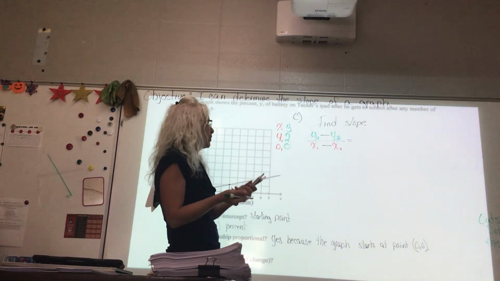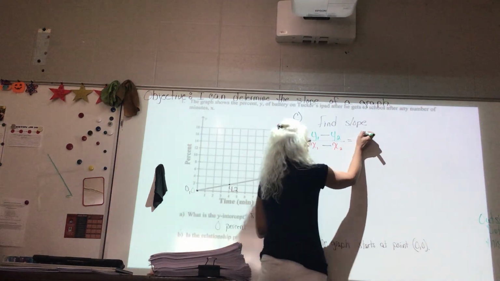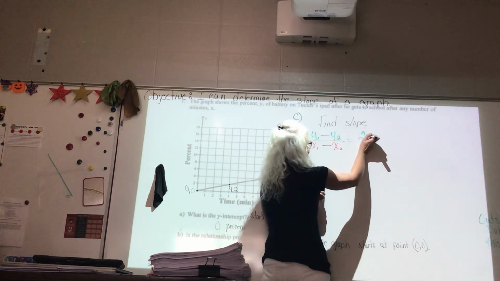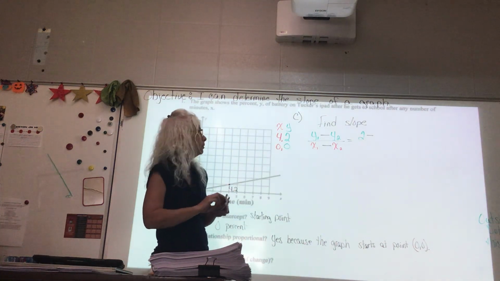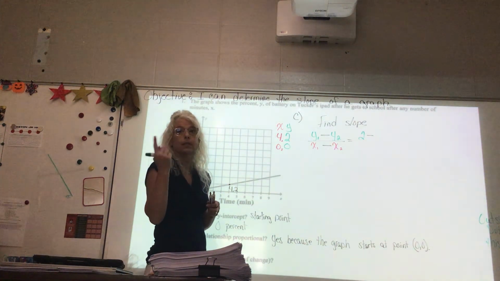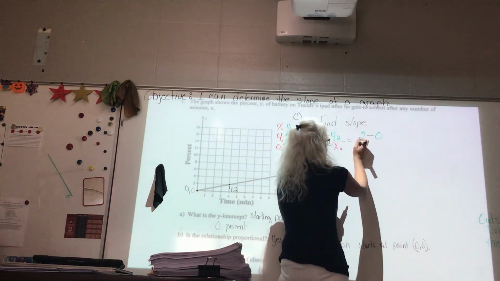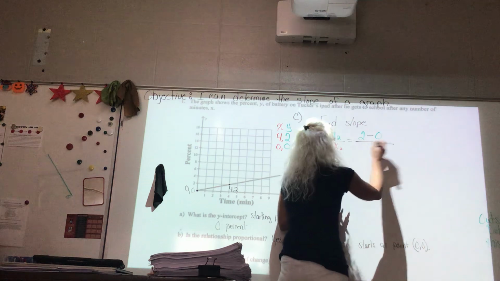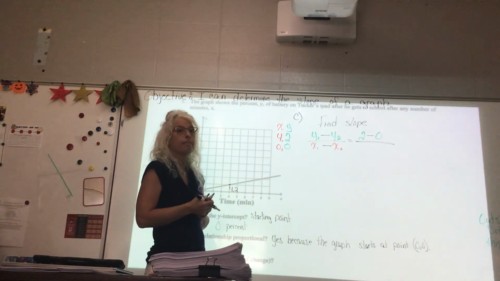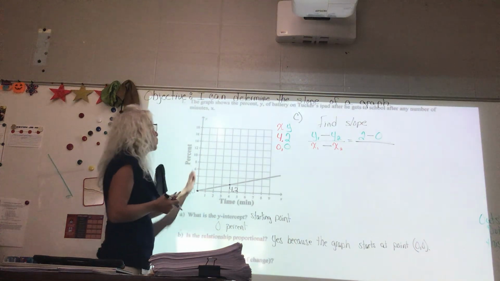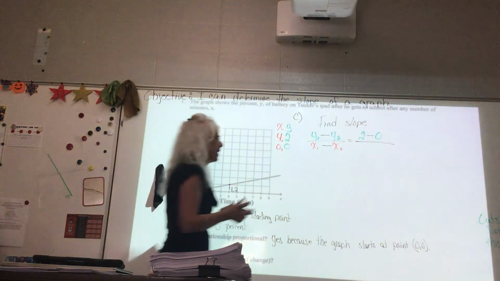Okay, what am I going to substitute in for y sub 1? 2, good. Minus, what am I going to substitute in for y sub 2? 0. What label is on the y-axis? Percent, thank you.